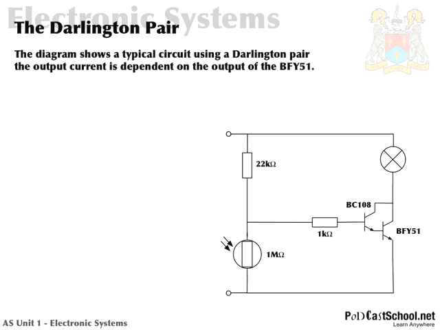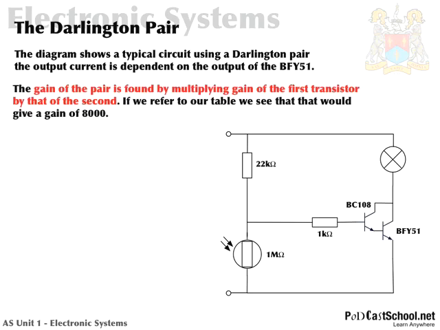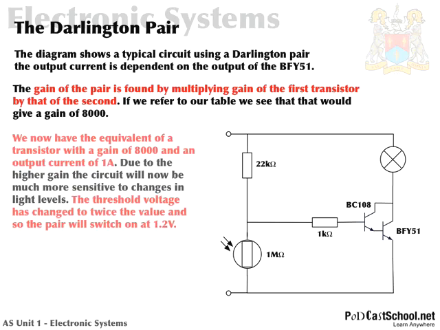Now I'll just read this because I realise this text can be a little small, especially if you're watching online. It says that the diagram shows a typical configuration of the Darlington pair. The gain of the pair is found by multiplying the gain of the first transistor by that of the second. If you look up the table that we had in the last podcast, and which will be in your PDF notes, you'll have noticed that if you multiply the gain of the BC108 and the gain of the BFY51 together, you would get a gain of roughly 8,000, which is huge.